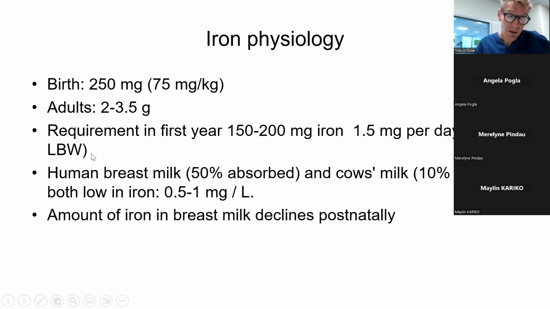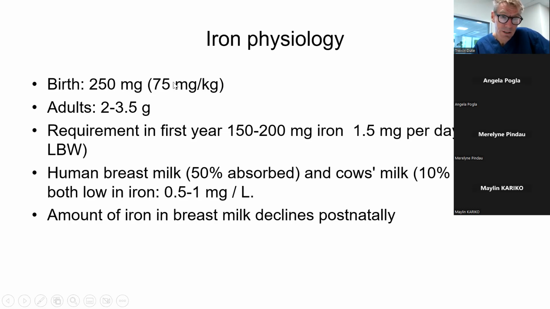And I'll just explain about low birth weight babies and iron, that if a baby is born at 1 kilo, if their birth weight is 1 kilo, then they only have about 75 milligrams of iron instead of 250 milligrams of iron. If they're 2 kilos, then they might have 150 milligrams of iron instead of 250 milligrams of iron.